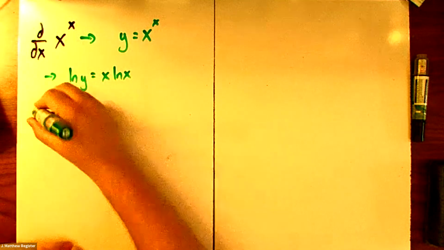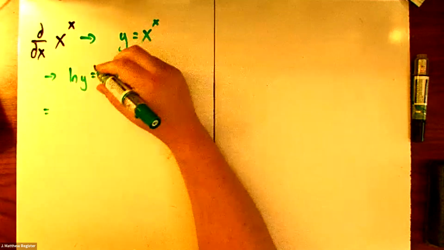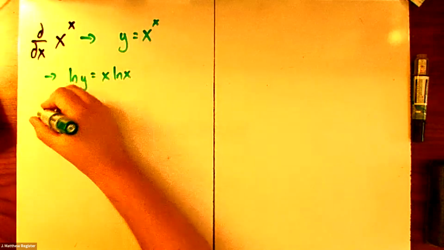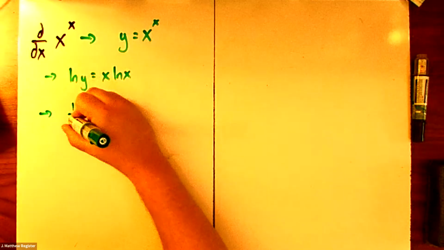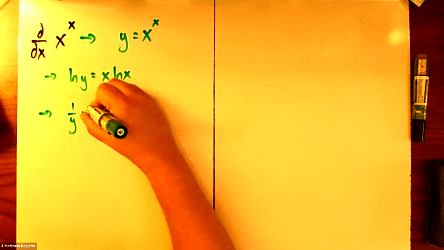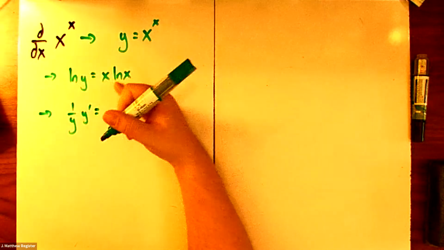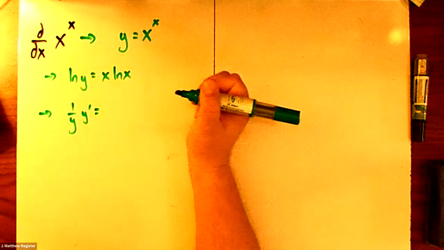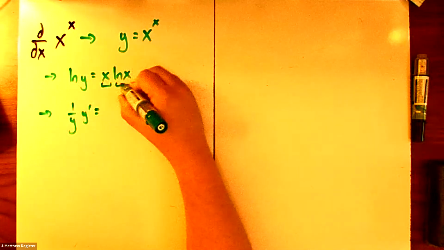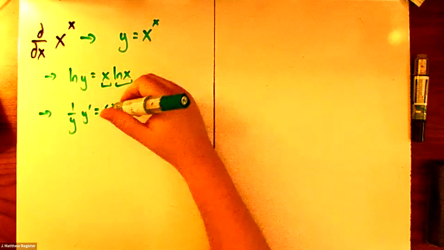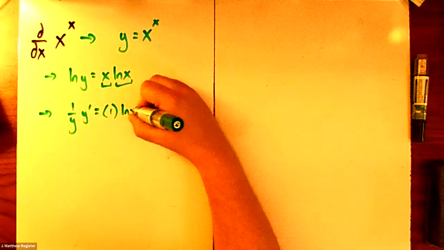The derivative of the left side, derivative of natural log of y, would give us 1 over y times y prime. On the right side, it is a product rule. And so the derivative of x is 1, so it'd be 1 times natural log of x.